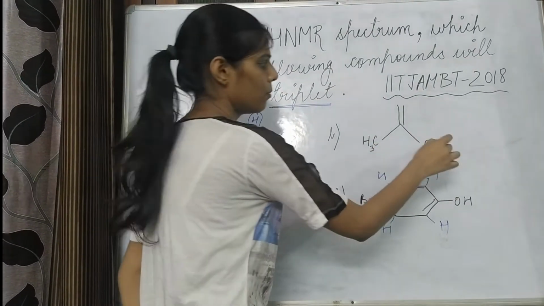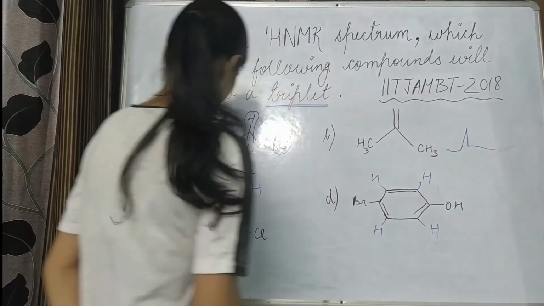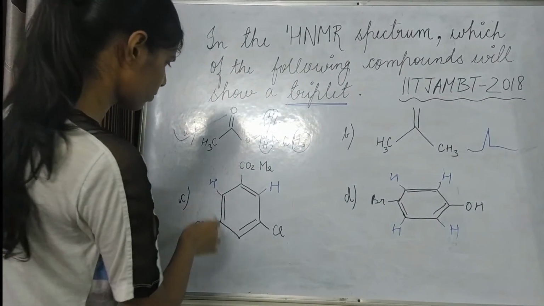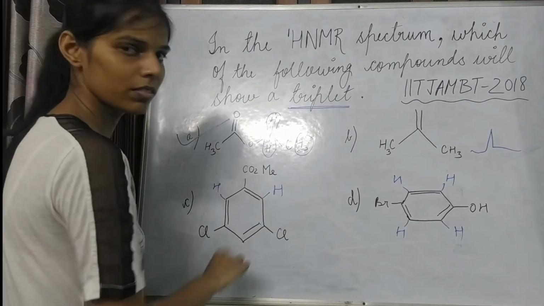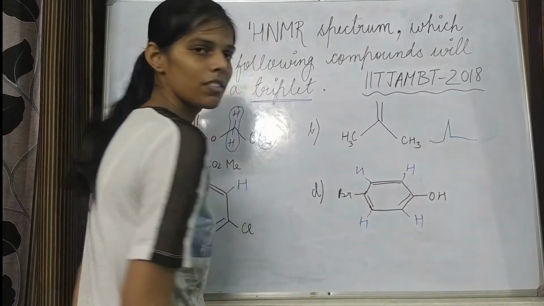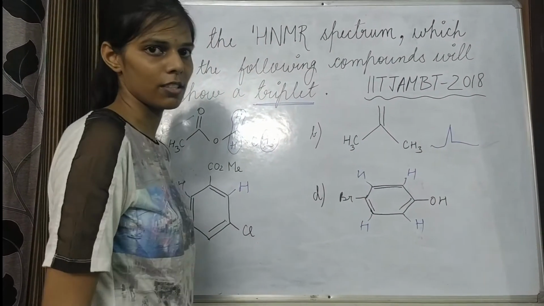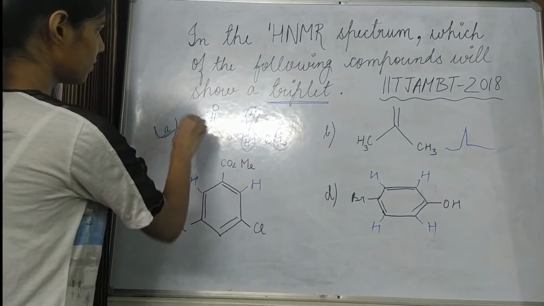These two are equivalent, so we'll get just one peak, not a triplet. In this also, we don't have any equivalent hydrogens, so we'll not get a triplet. Here also we have just one hydrogen, so no triplet. This question is very simple. You'll just get a triplet in this one.